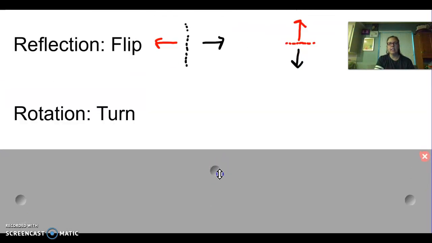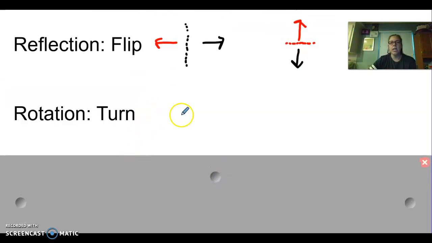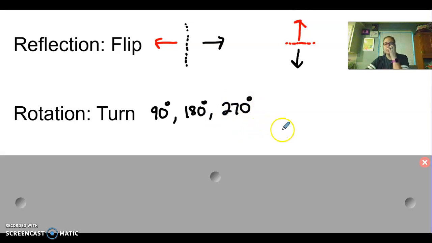The last thing is a rotation. And that rotation, we really focus on 90-degree rotation, 180-degree rotation, and 270 degree rotation. Okay. So let me think of a coordinate grid as the easiest place to do this.